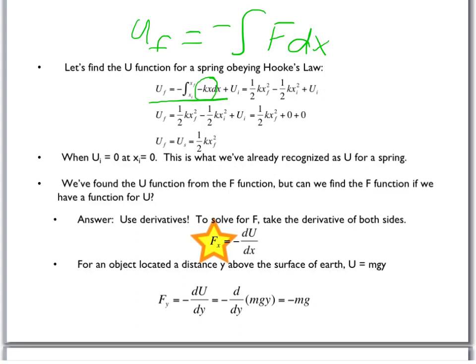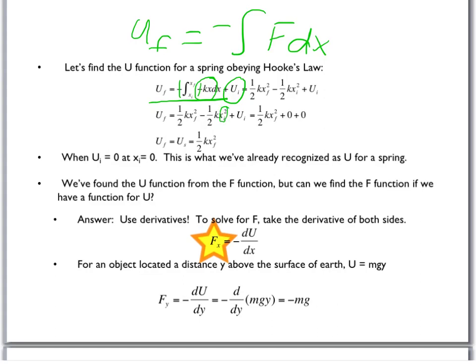When we do that, we can see that this negative and this negative cancel each other out, and we would integrate kx, giving us 1/2 kx squared. Plug in the values of xf minus xi, and we get 1/2 k xf squared minus 1/2 k xi squared, plus whatever initial potential energy we may have been starting with. Now, if we say that the initial position of this spring was at equilibrium, then xi is simply going to be 0.